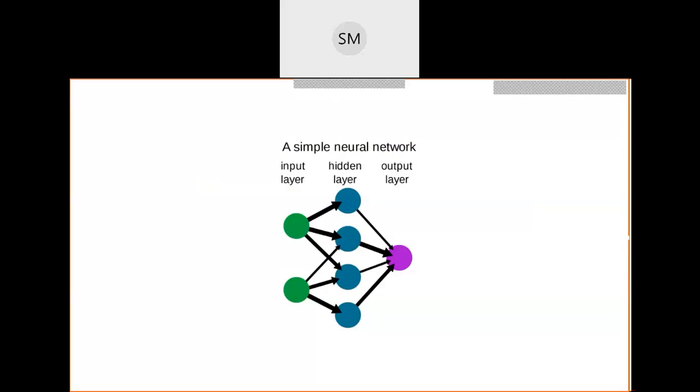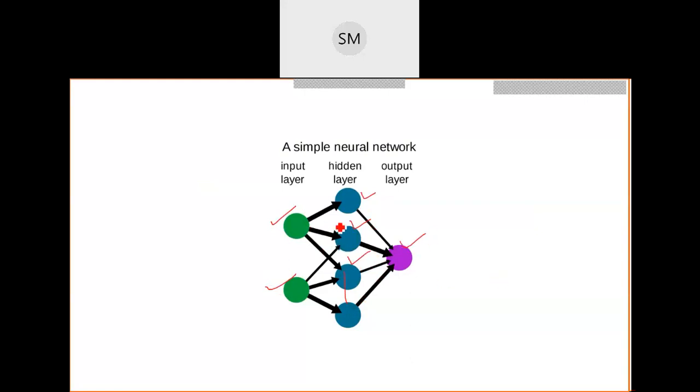See, this is a simple neural network. One input layer is there, an output layer is there, and in between the input and output layers, one hidden layer is there. Whatever circles are here, these circles are called nodes or units. This is also one node, that is the output unit.